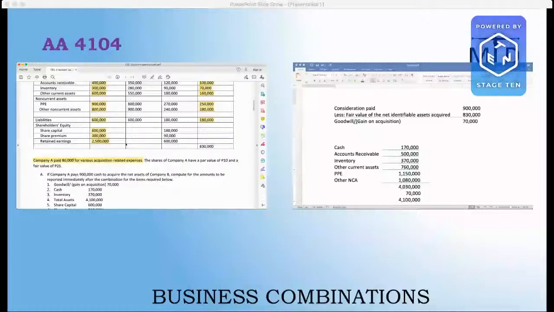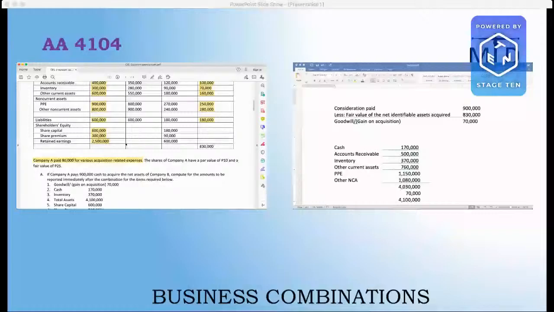What are the possible changes to the retained earnings account in preparing the combined financial statements? Number one, acquisition related cost, deduct. Number two, you add the gain on acquisition, if any. Okay? Careful on the result of acquisition. Goodwill, do not forget to add the goodwill as part of your total assets.